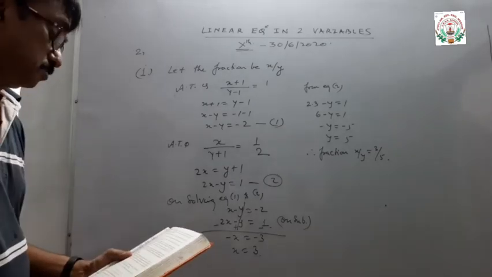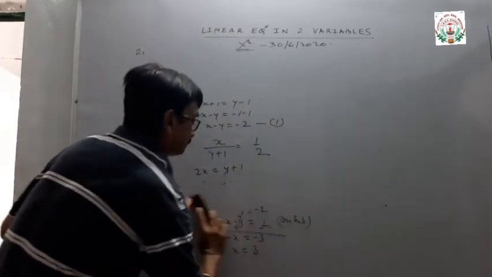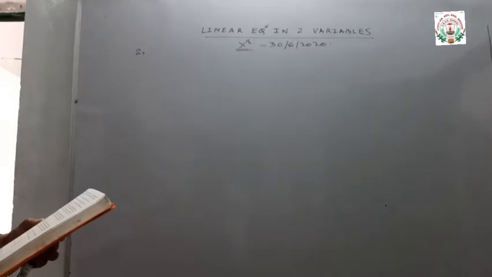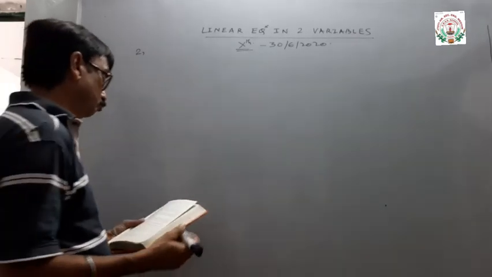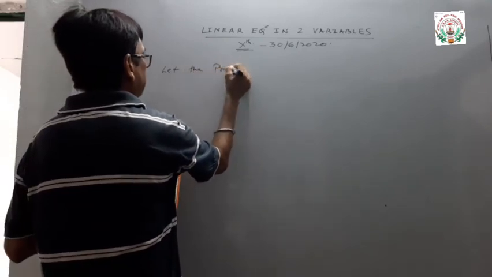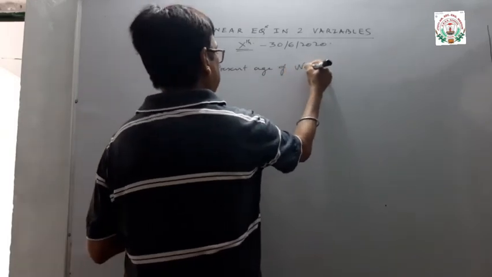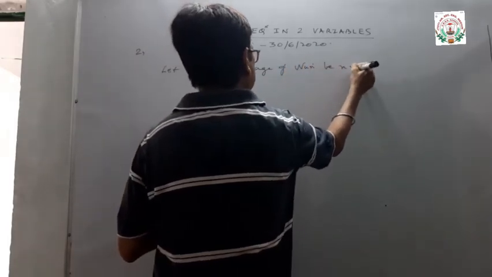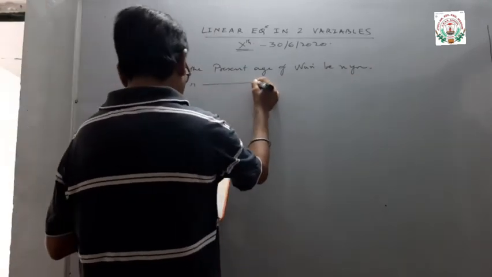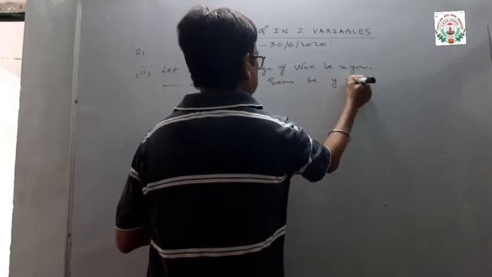Now let's move to the second question. 5 years ago, Nouri was thrice as old as Sonu. Let the present age of Nouri be x years and let the present age of Sonu be y years.